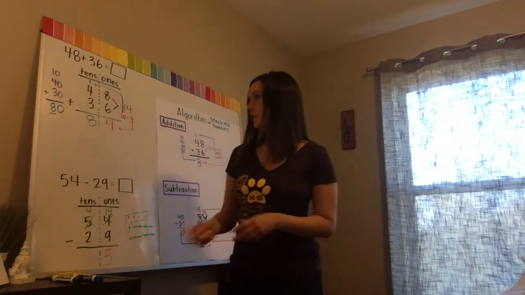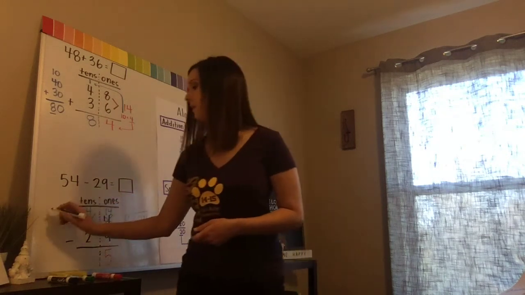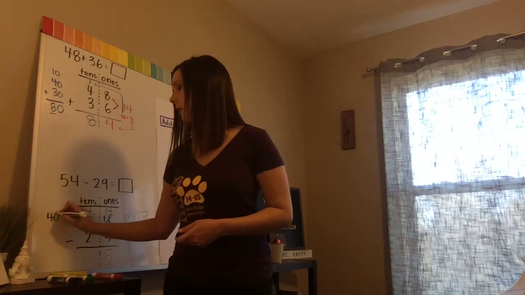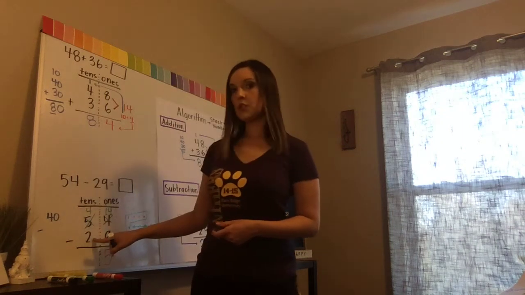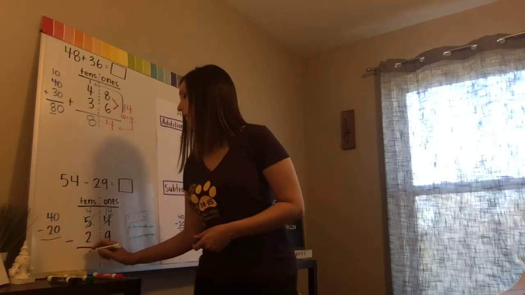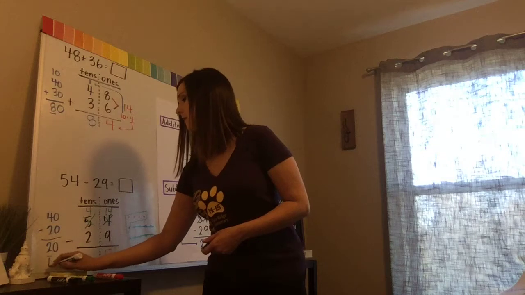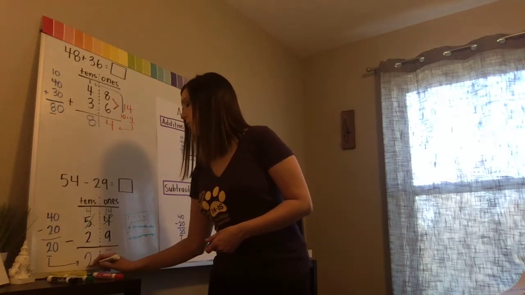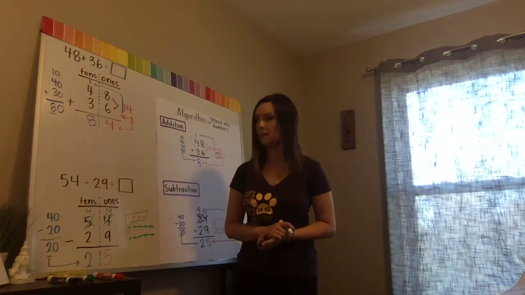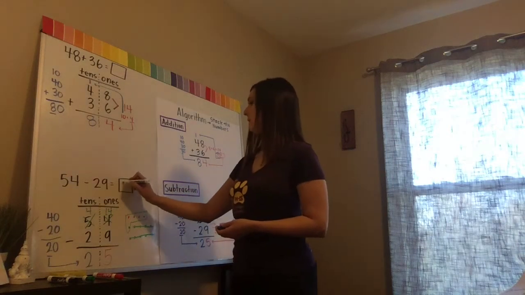And then when I look over in my tens column, I have 4 groups of 10 representing 40 minus 2 more groups of 10. 40 minus 20 gives me 20, which I represent using 2 groups of 10 in the tens column. 54 minus 29 equals 25.